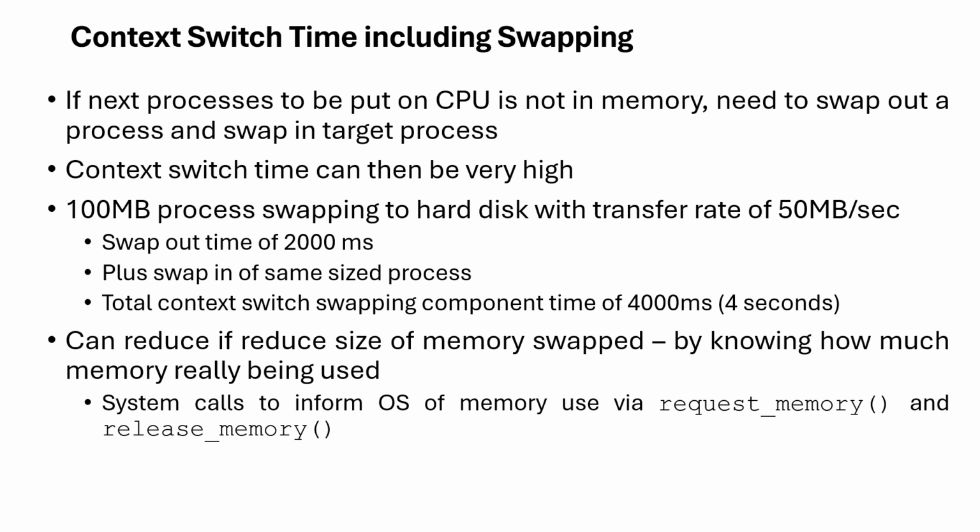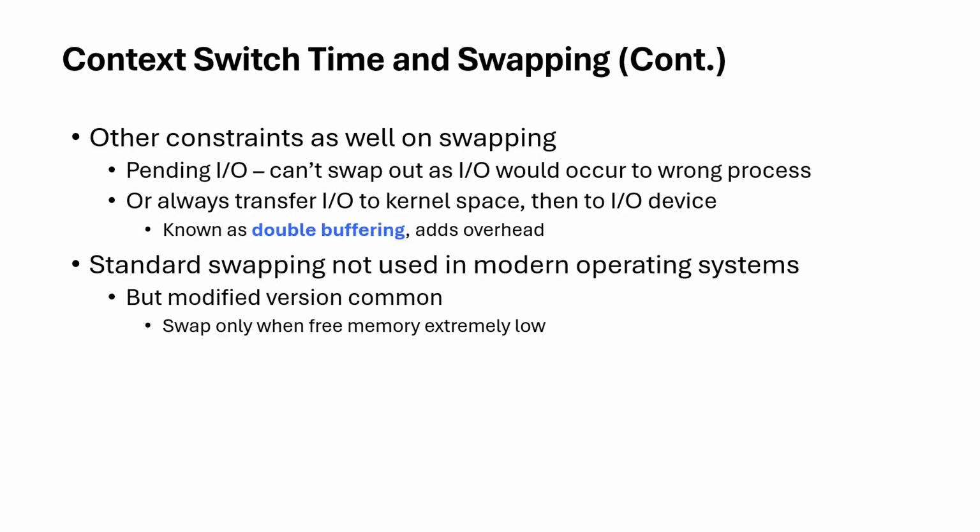The swap out time is 200 milliseconds, plus the swap in of the same size process, so the total context switching swapping component time is 400 ms. You can reduce the swapped size by knowing how much memory is really being used, maybe using the system calls to request memory and release memory. So that is context switching time and swapping.